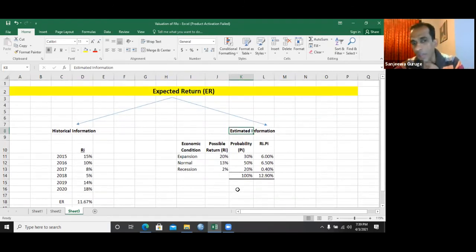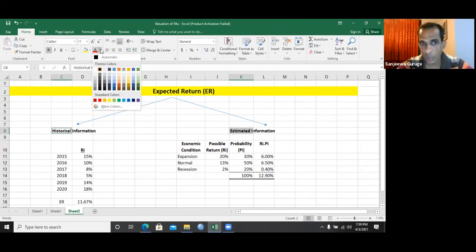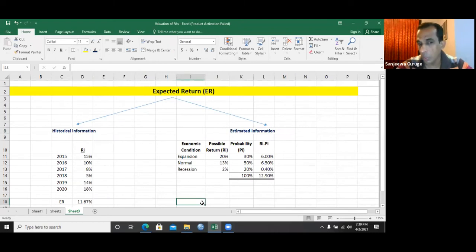The only thing is, if you are going to use estimated information, that requires a number of analyses, to identify what are the possible returns under different possible conditions. Here I have mentioned only three conditions, but in addition to this, there can be economic decline, economic slump, economic recovery, economic boom.